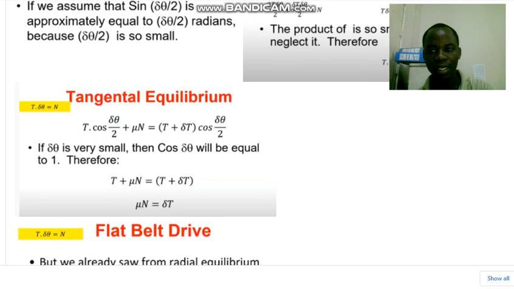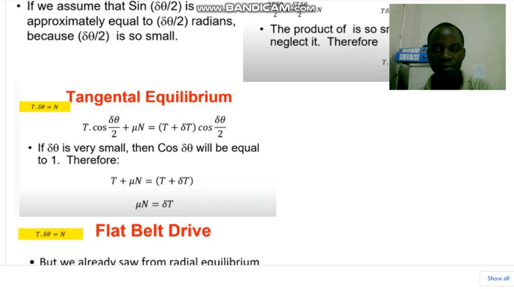So how do we get the tangential equilibrium? The tangential equilibrium is obtained by looking at the cosine of the two force components. Remember, we have tension T and tension T plus delta T. Therefore we have T cosine delta theta over 2 plus the force due to friction drag, which is mu times N, equal to T plus delta T cosine of delta theta over 2.